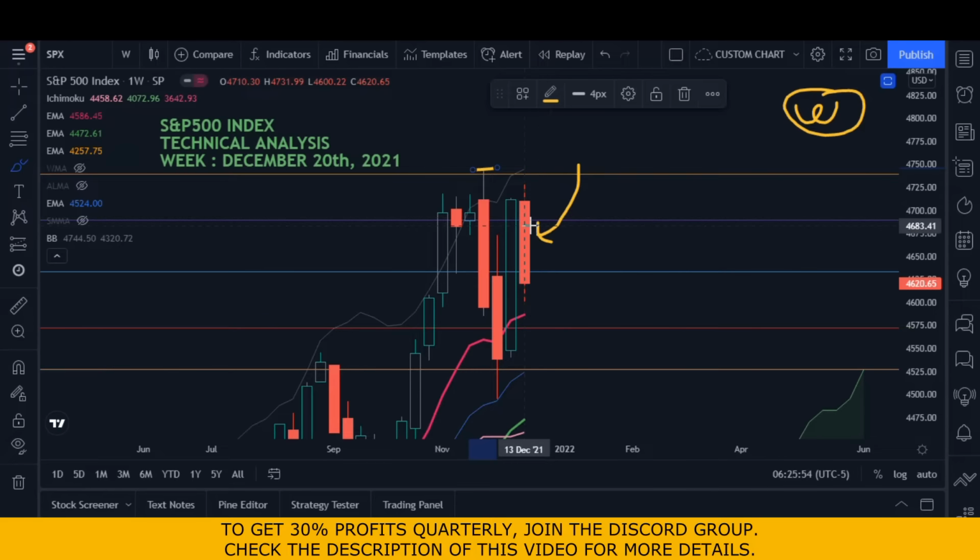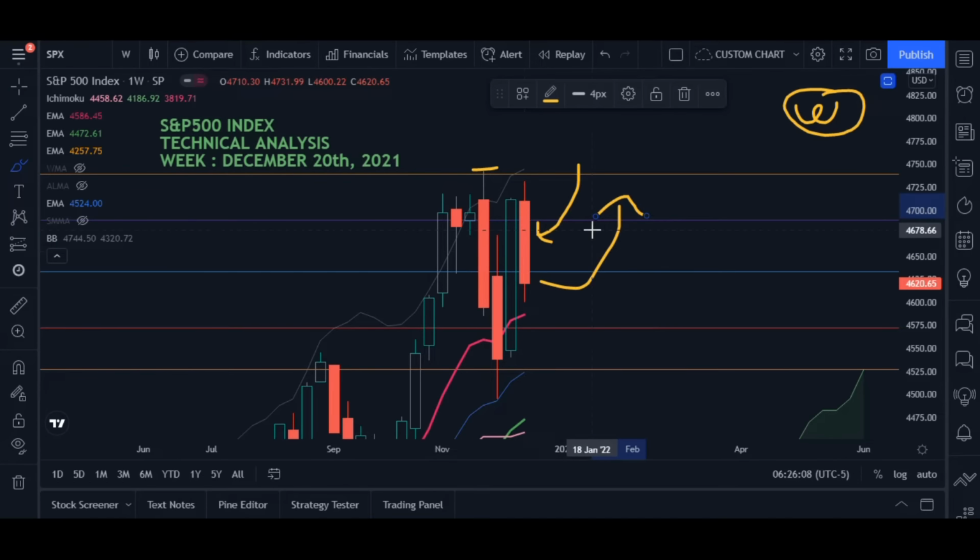So it is saying that there is some weakness in the market, but the market is still bullish. We cannot say the market is so weak that it cannot retry or break the high of this candle.